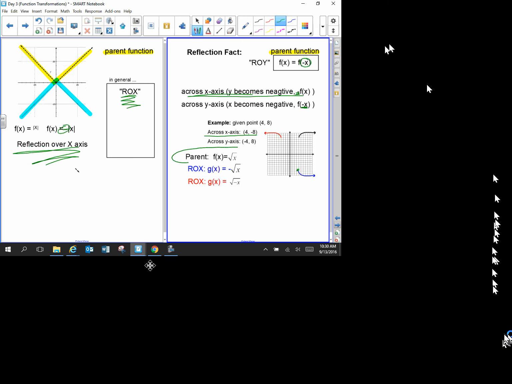Tell your neighbor which of these functions is a reflection over the x-axis: the negative on front or the negative on the inside?